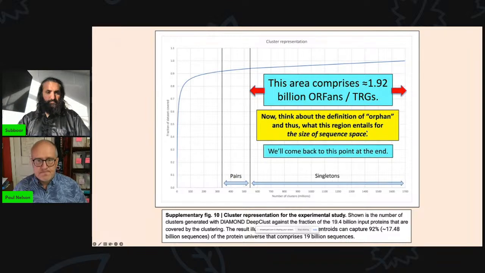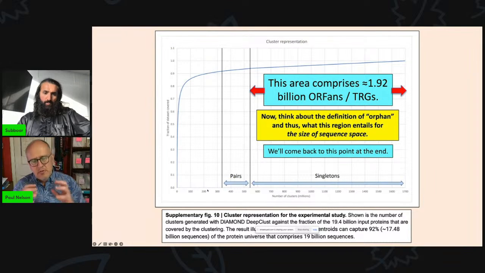Come back to that at the end. So even though most of the data fit here in terms of clusters that you can form using the homology criteria that they set forth, this is a lot of genetic uniqueness, and that should give you pause. That's something really to think about.